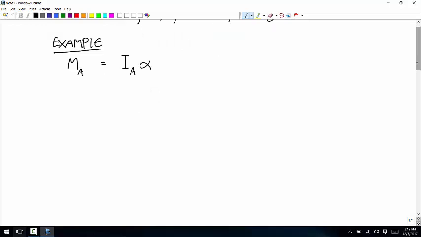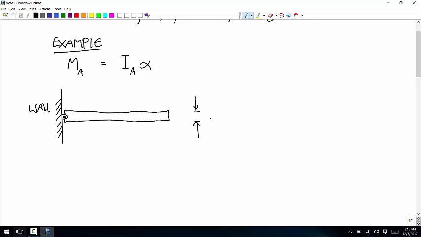So let's say that we have, let's do it like this. Here's the wall. And there's a hinge here and a rectangular shape like this with a thickness of 10 centimeters, so 0.10 meters. And a length of 2 meters.